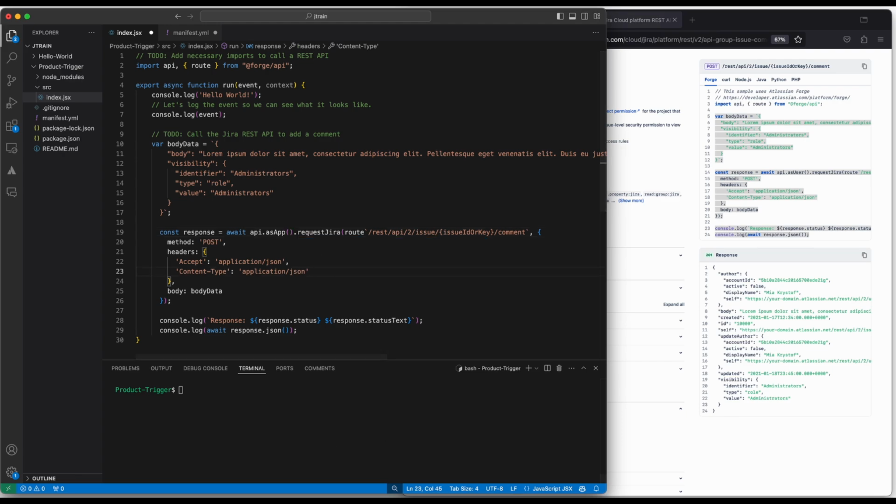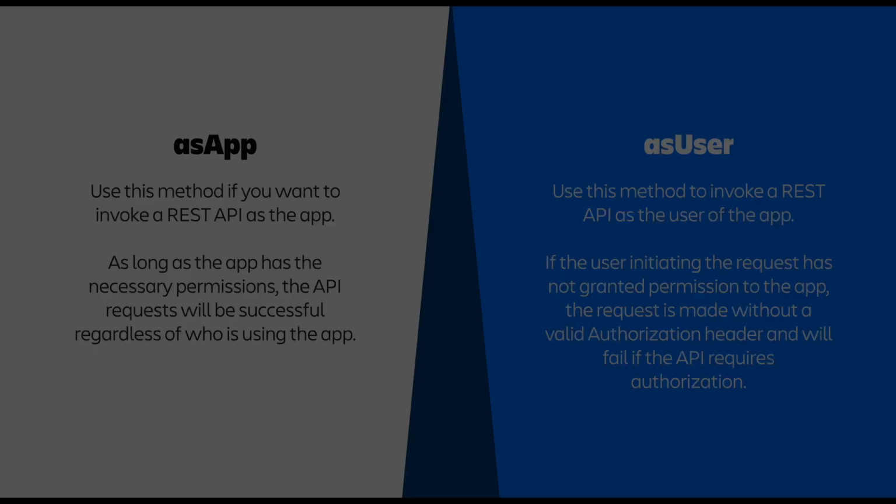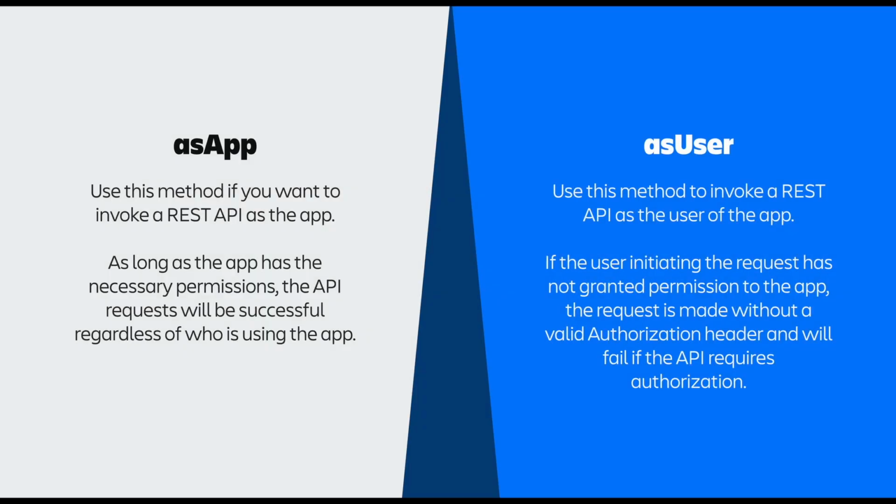And maybe this is a good time to dive into the differences between as app and as user. So you would use as app if you want to invoke the REST API as the app. And in certain scenarios, like the example that we have, where the user context isn't available, we'd want to use as app. That's the way to go. Using as app makes a lot of authenticated calls easier.